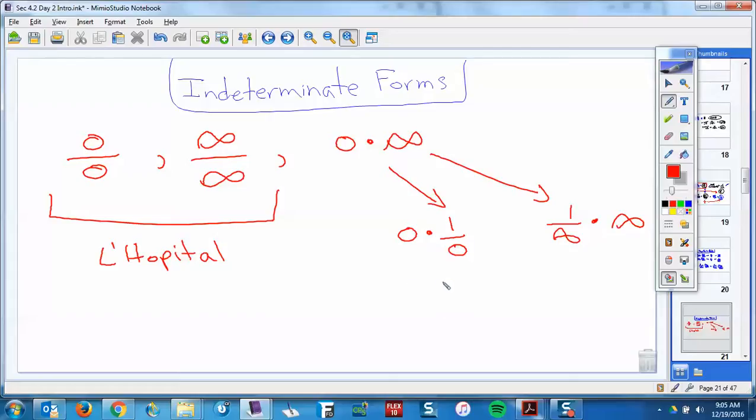So both of those would end up being either 0 over 0 or infinity over infinity. Does that make sense? Okay, so when one's getting small and the other's getting big, and we want to tell which is getting big faster, we can do the reciprocal and turn it into a fraction, and then we get something we can do L'Hopital on.